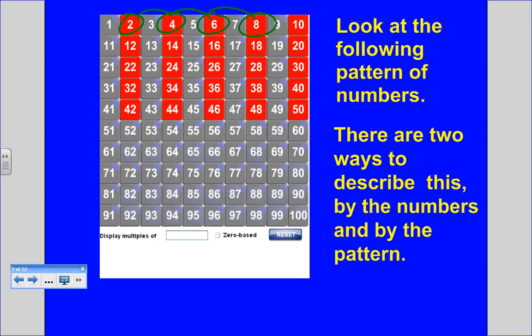I am clicking on every second column, aren't I? See that? Every second column is being clicked off. So you can describe this in both ways. I'm skip counting by 2s, 2, 4, 6, 8, 10, 12, 14, 16.